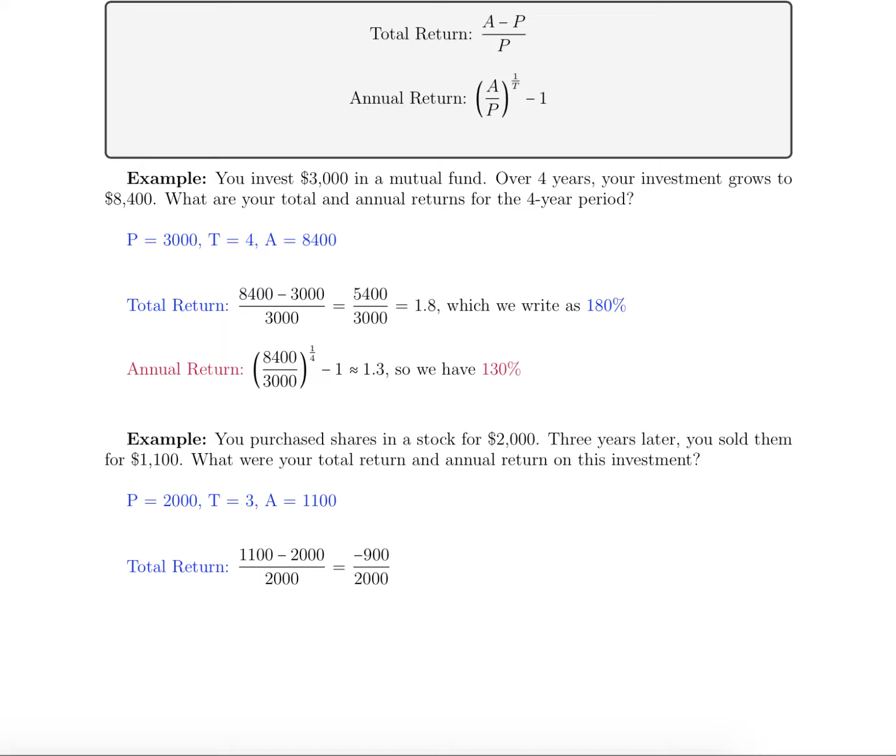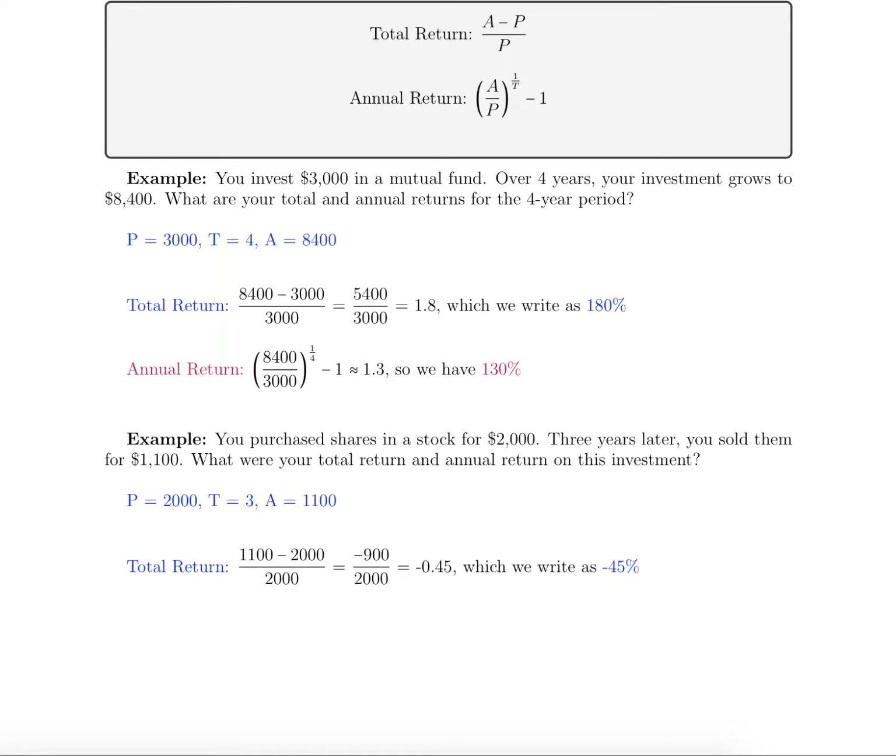When you put that into your calculator, you should get negative 0.45. And again, that is not the final solution. We need to write it as a percent. So we can write that as negative 45%. It makes sense that we got a negative because we lost money.